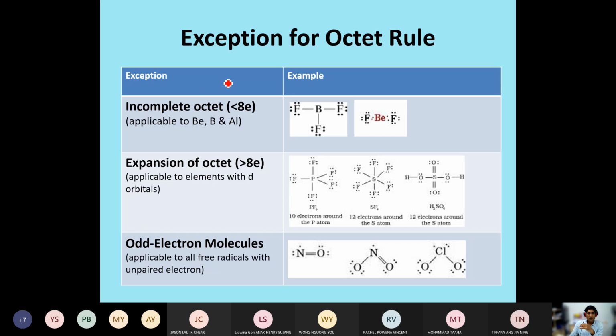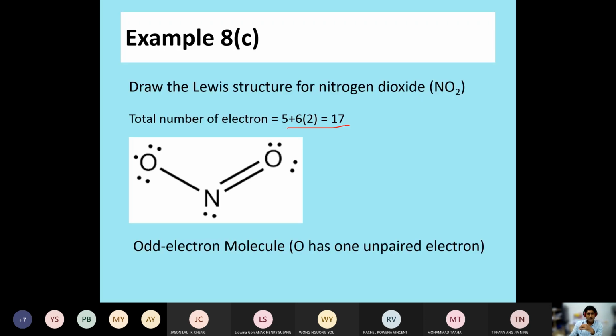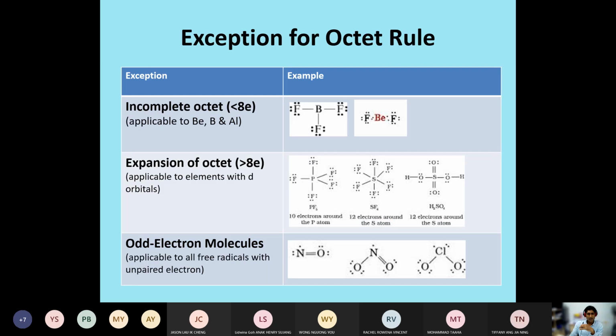So, exceptions of the octet rule, all right? Exceptions of the octet rule are for boron and for beryllium, and for those with an incomplete octet, because they are period 2 elements.